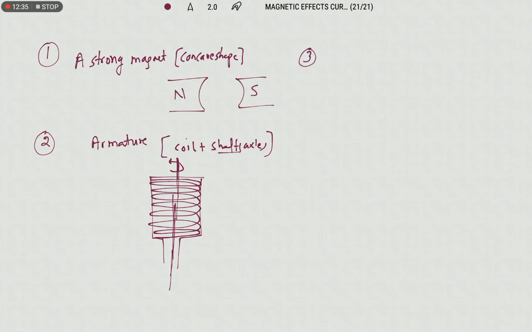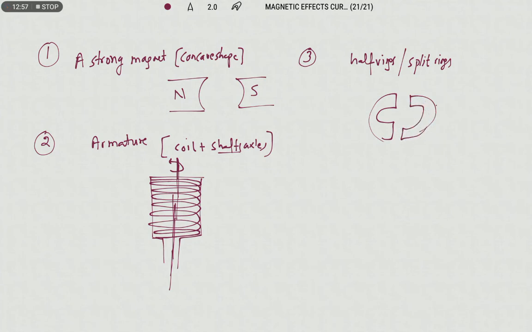Then the third part is half rings, also known as split rings. The duty of the split rings we will discuss in detail when we discuss the working of a motor.